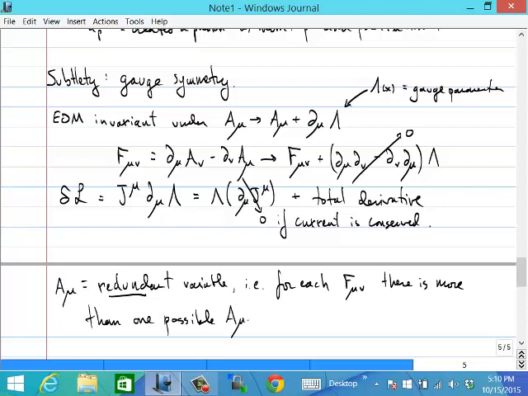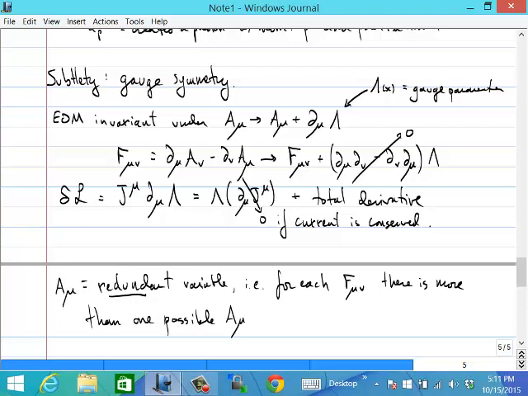In particular, you could always shift A mu by a gauge transformation. That would lead to the exact same F mu nu. So this gauge symmetry is a signature of the fact that A mu is really not necessarily the best variable that we should be using when we think about the basic degrees of freedom of the theory.